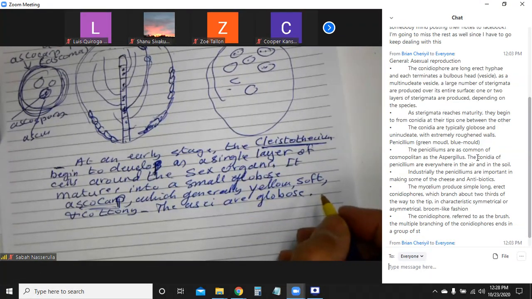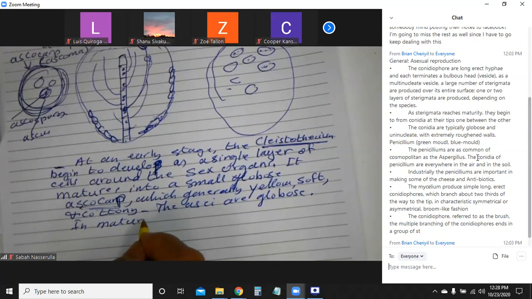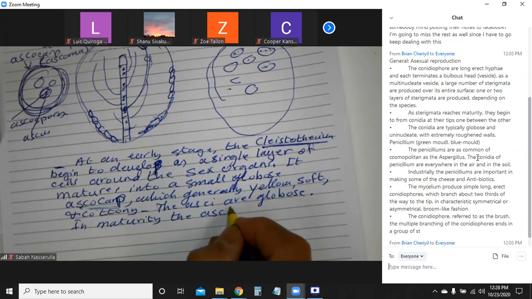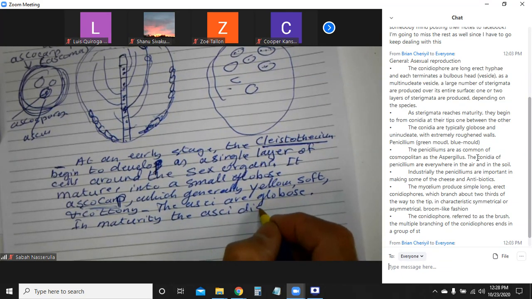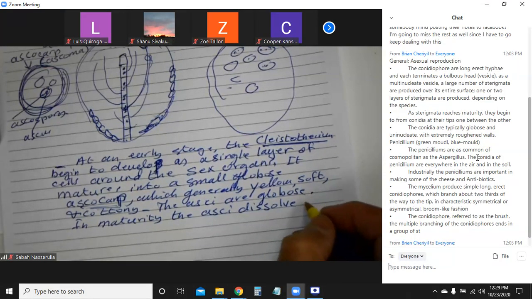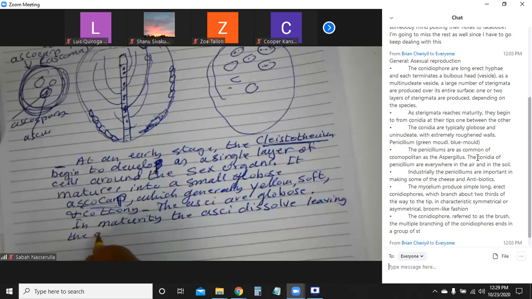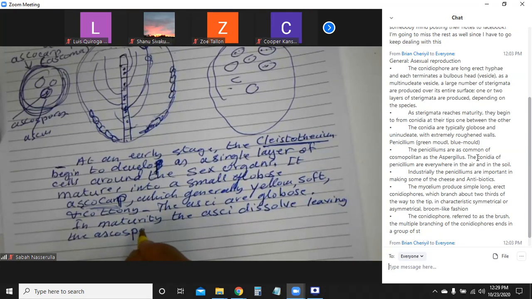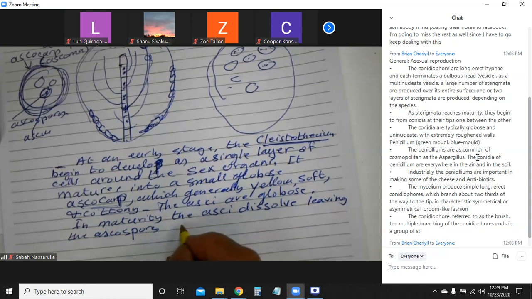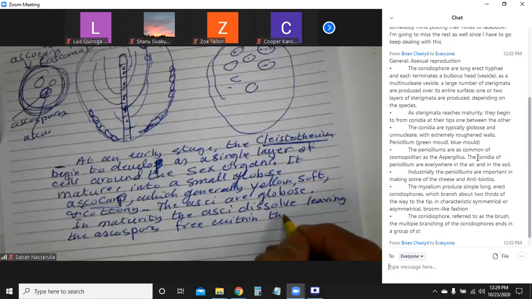Now, at maturity of the asci, the asci dissolve, leaving the ascospores free within the ascocarp.